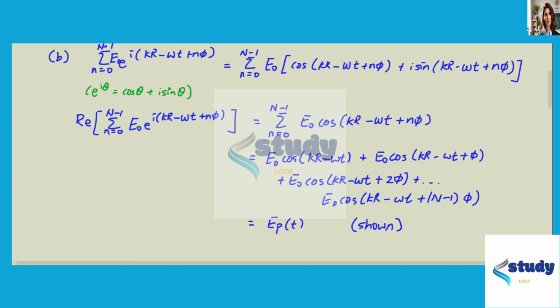So that's how you show that the real part of the sum of the complex exponentials gives you EP of t. Why do we want to do this? It is easier to do the summation in complex exponentials, and later when we want to find EP of t, we just take the real part of that sum. That's the rationale.